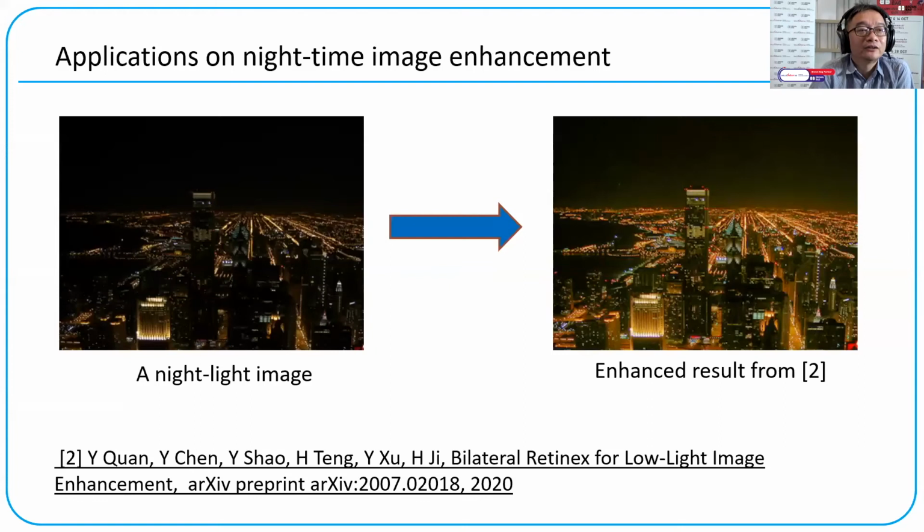The second is called image enhancement in night light conditions. Of course, today, if you have a very good iPhone or mobile device, maybe you can have the so-called night mode for you to capture images.